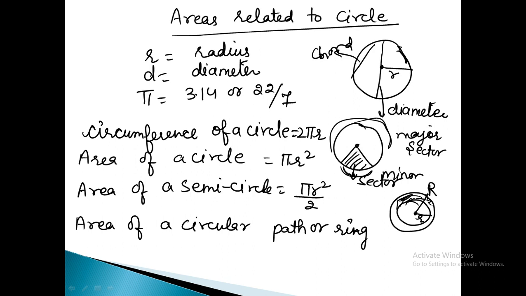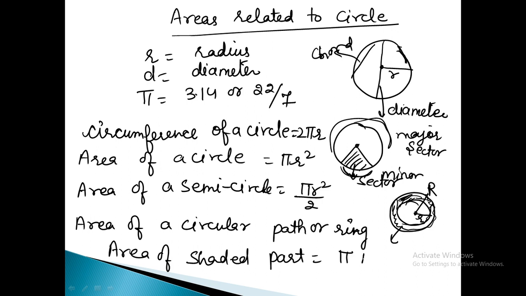The formula for the area of the shaded part will be pi capital R square minus pi small r square.